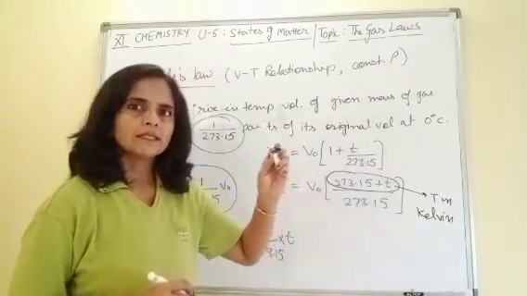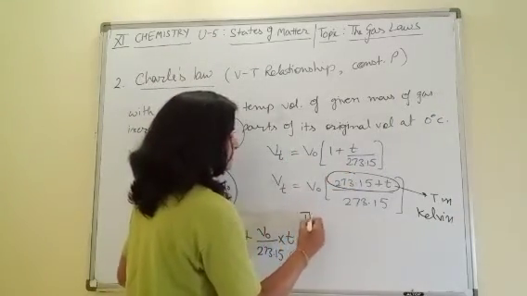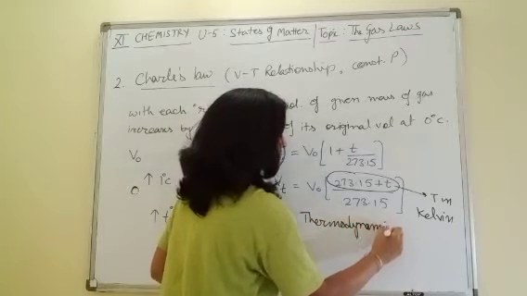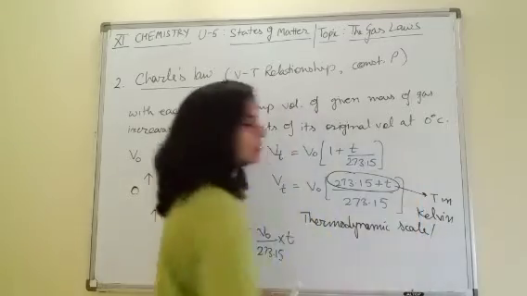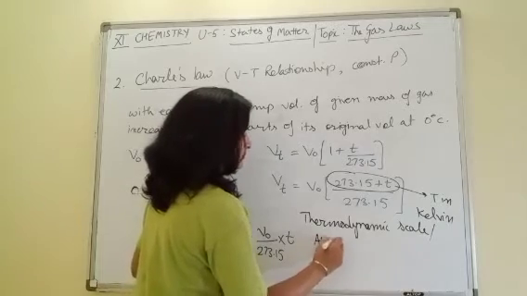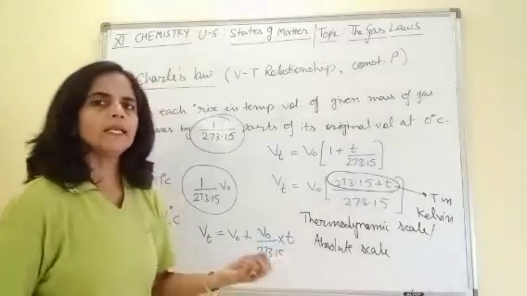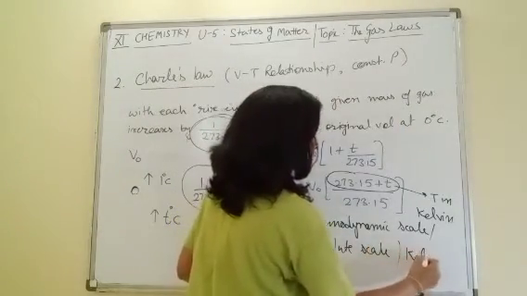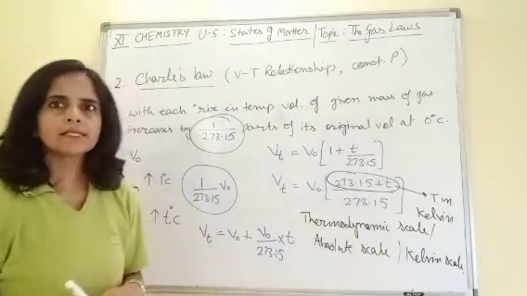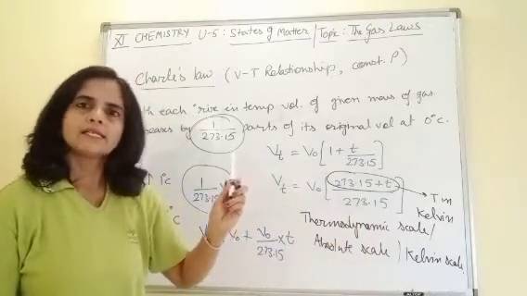So this is the thermodynamic scale of temperature. This Kelvin scale is termed the thermodynamic scale of temperature, or we may call it the absolute scale of temperature, or simply the Kelvin scale. For all scientific work, we take temperature in Kelvin, we never take temperature in degrees Celsius.